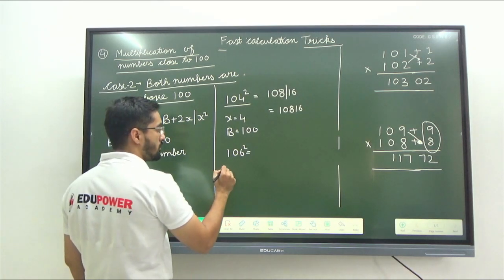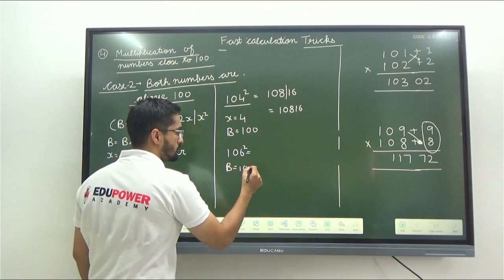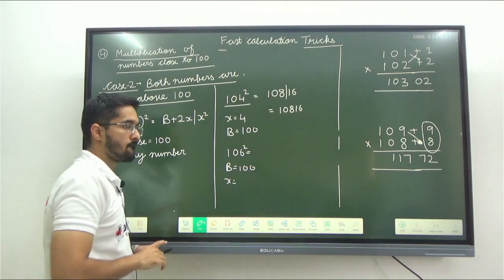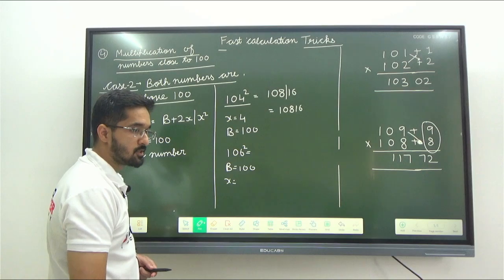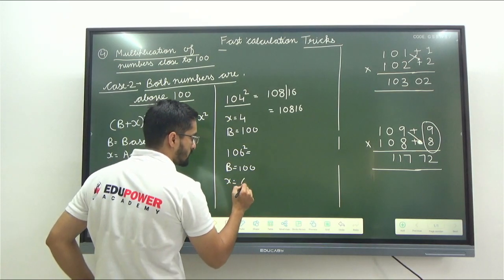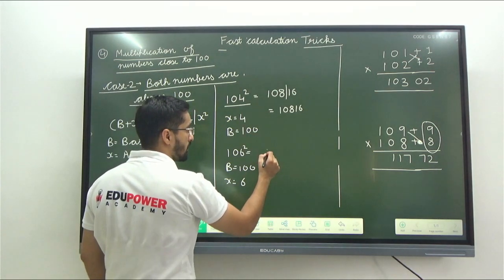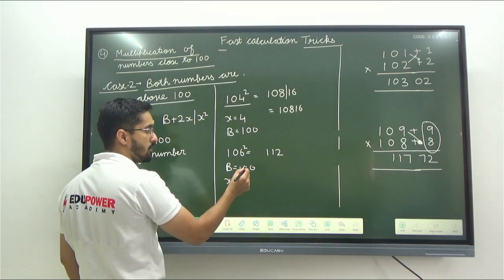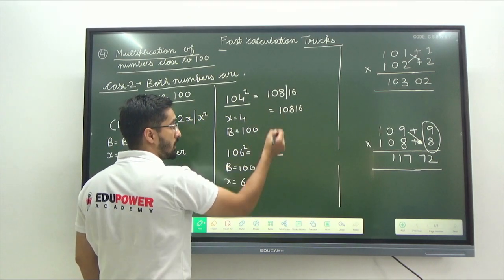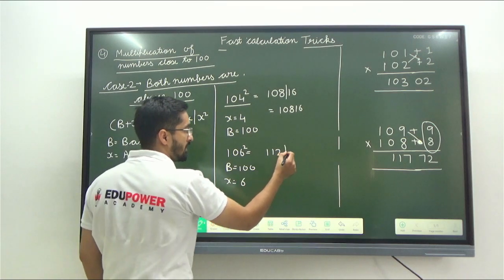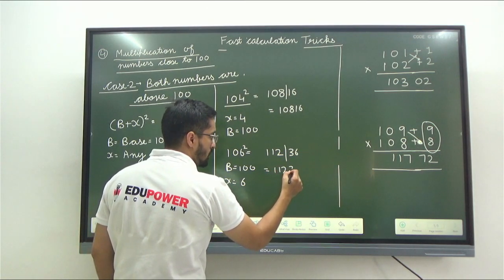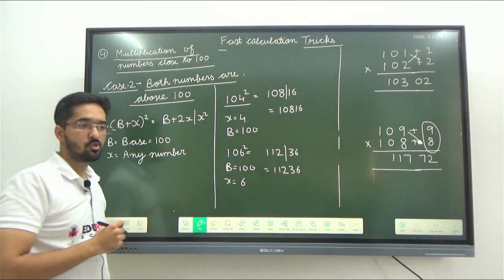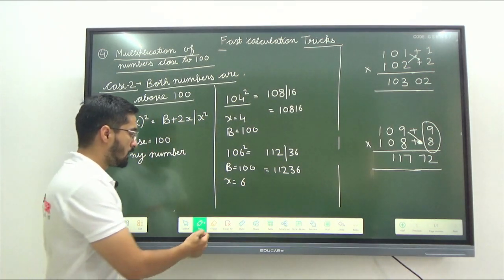So here we have base as 100, x is 6. So b plus 2x is 112, right, 100 plus 2x, slash x square is 36. Okay. So this comes out to be 11236. Next question.